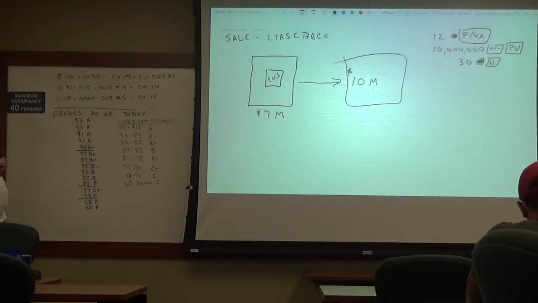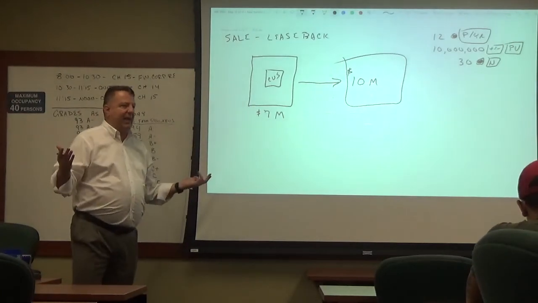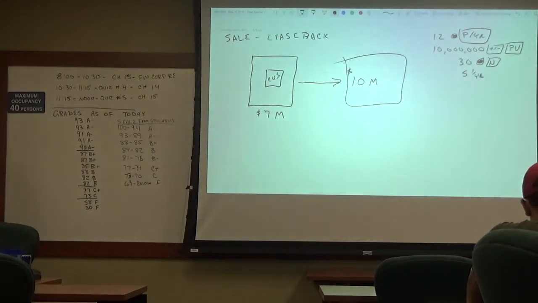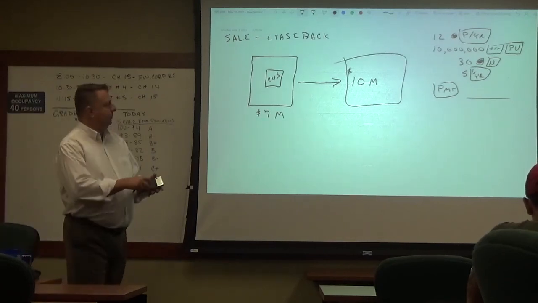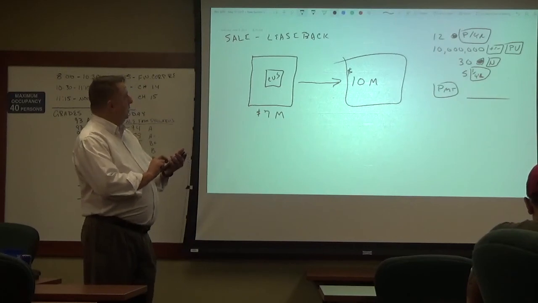And they want an income stream that is equivalent to an annual interest rate of 5%. So what is the lease payment that they need to receive? Okay, so $10 million.